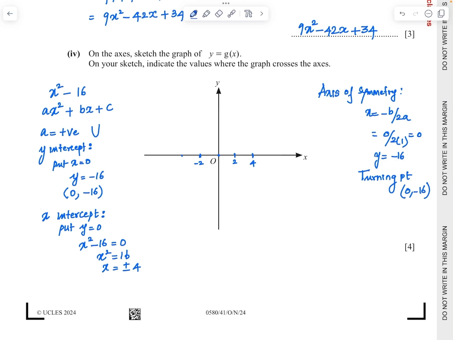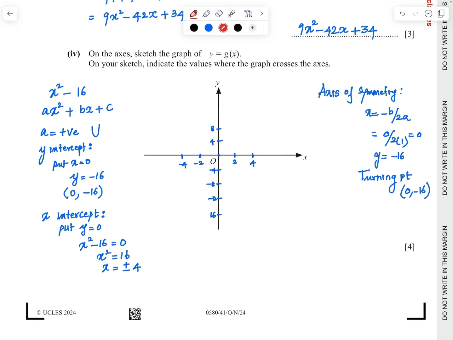Choose a suitable scale. On the x-axis we go to minus 2 and minus 4, and on the y-axis, y value goes to minus 16. So I prefer to go in fours: minus 4, minus 8, minus 12, and minus 16.